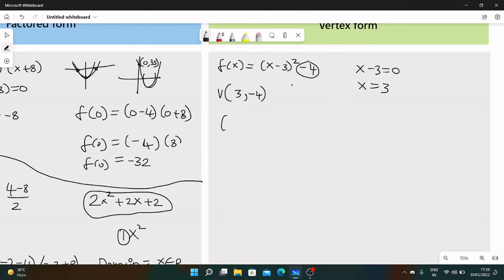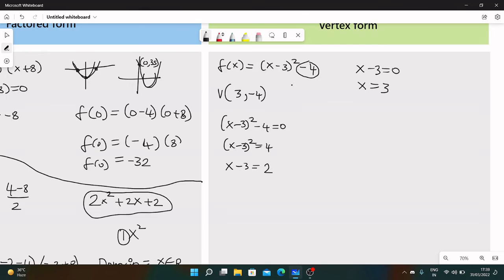That is again equated to 0. (x minus 3) squared minus 4 equal to 0. So (x minus 3) squared equals 4. x minus 3 equals, never mind, we know what the square root of 4 is, that is 2.